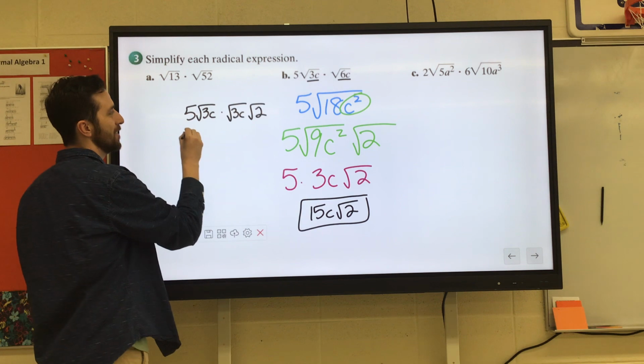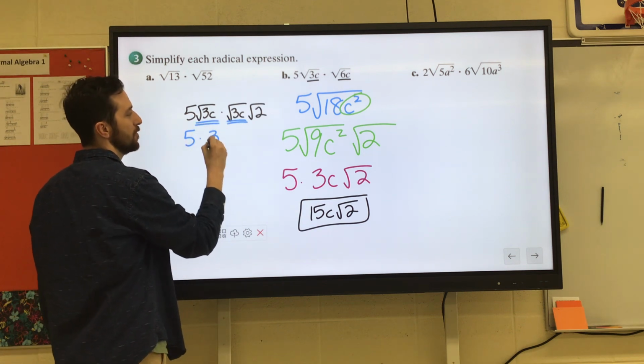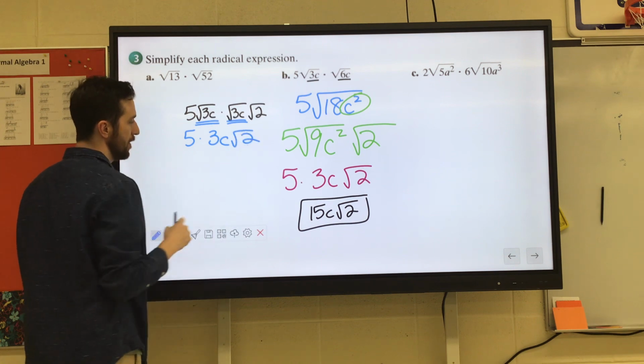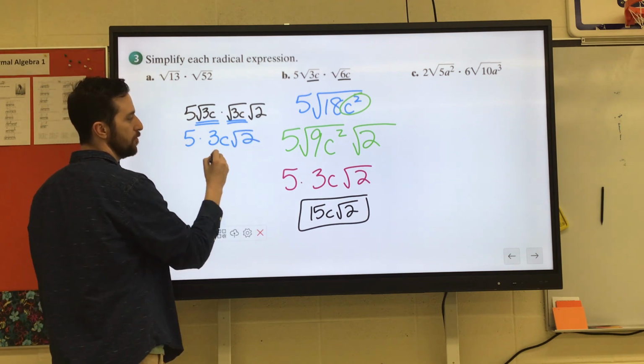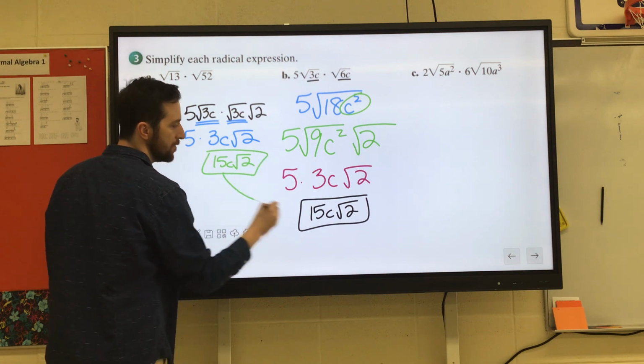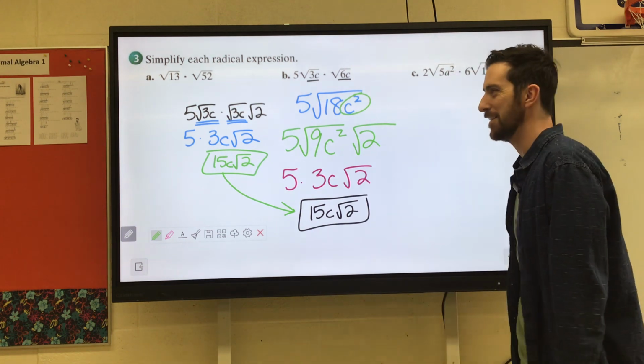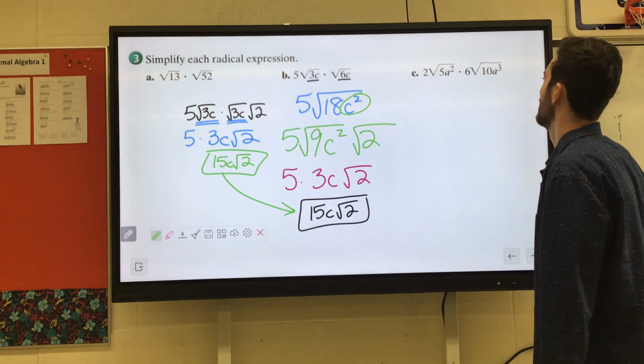Oh my gosh. Then you're like, square root of 3c times the square root of 3c is 3c. And then 5 times 3c root 2 is 15c root 2. Look at that. Same answer, different way to do it. I'm so glad we're learning all these options.